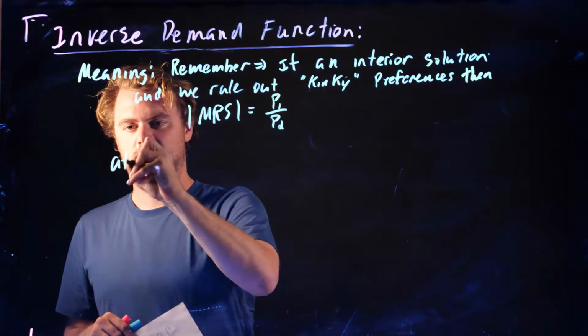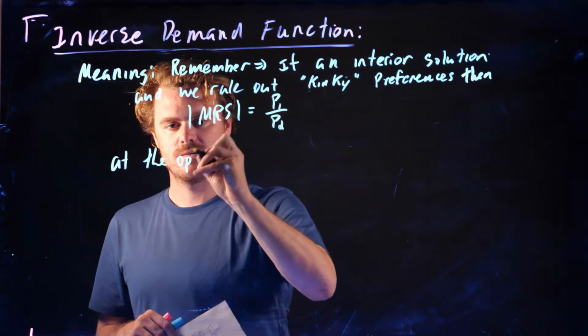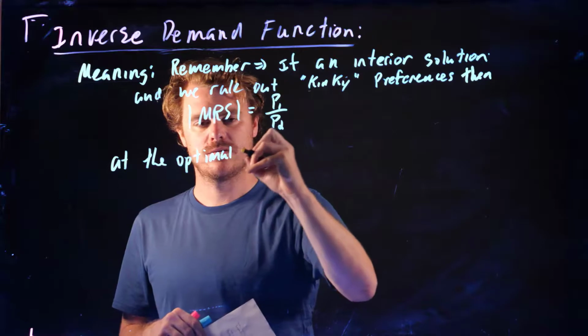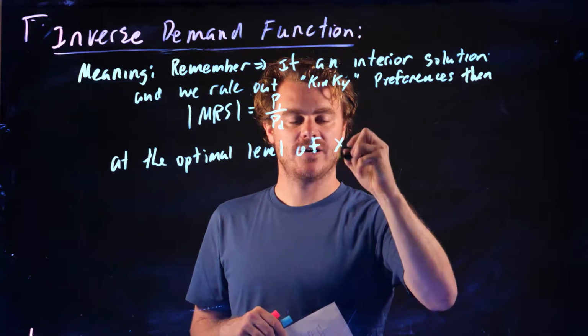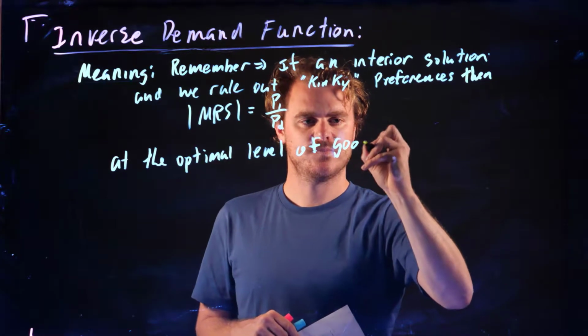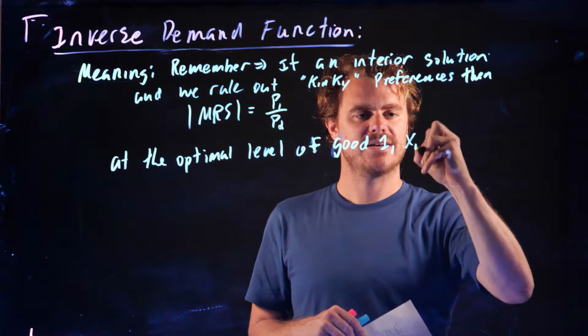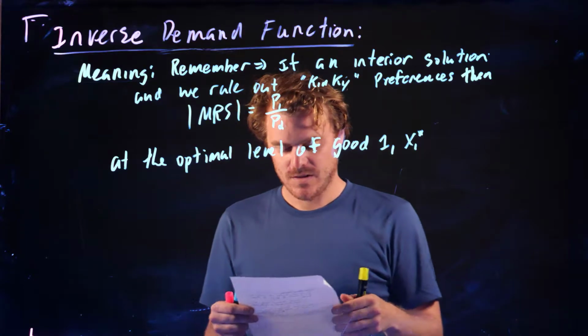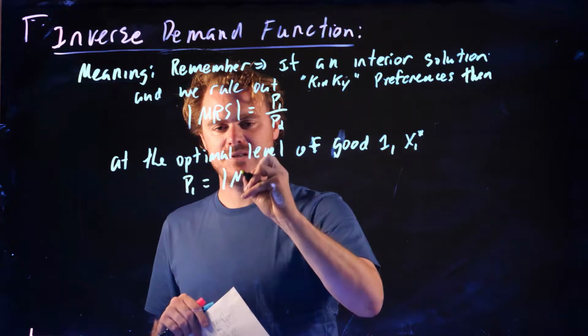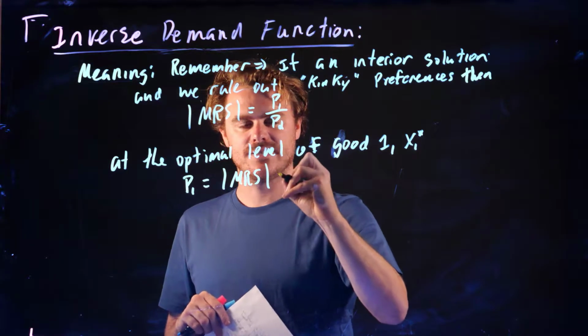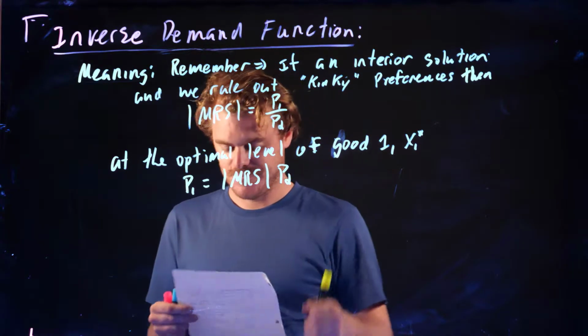So at the optimal level of good one, X1 star, P1 equals this absolute value of MRS times P2.